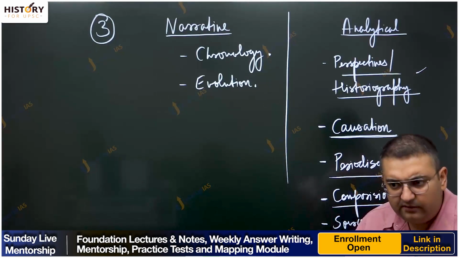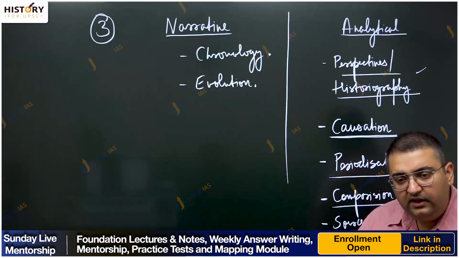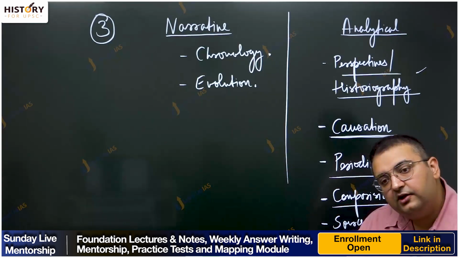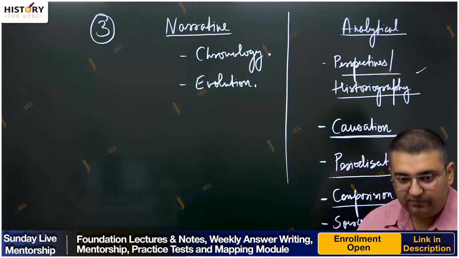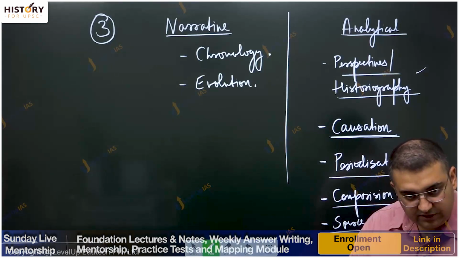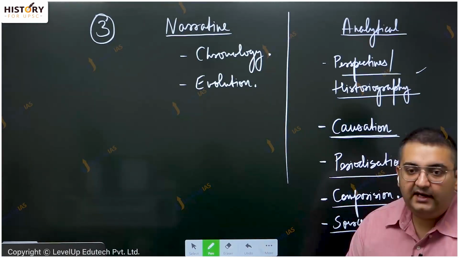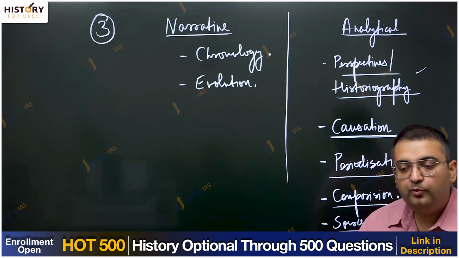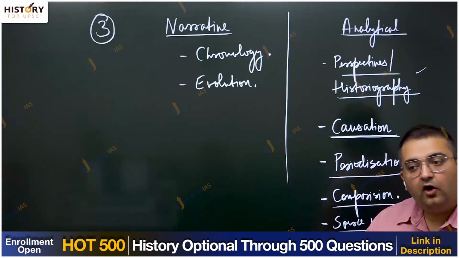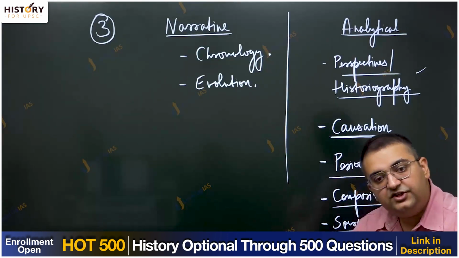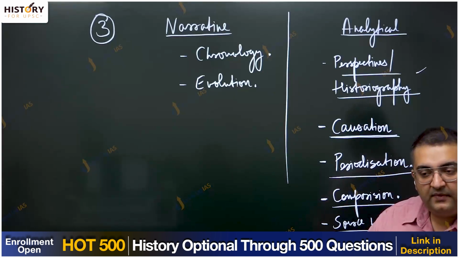For example, let me give you a few examples. What is the utility of archaeology in the reconstruction of history? That may be one type of question. Or how can archaeology help in the better understanding of literary sources? You may be asked to compare and contrast indigenous literature with foreign literature.